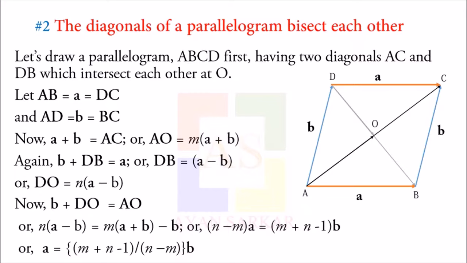If you have not checked the video, I will put the link in the description section. You can check the video where I have shown that if two vectors a and b are not collinear, and there exists an equation like x times a plus y times b equal to 0, then x and y both will be 0.